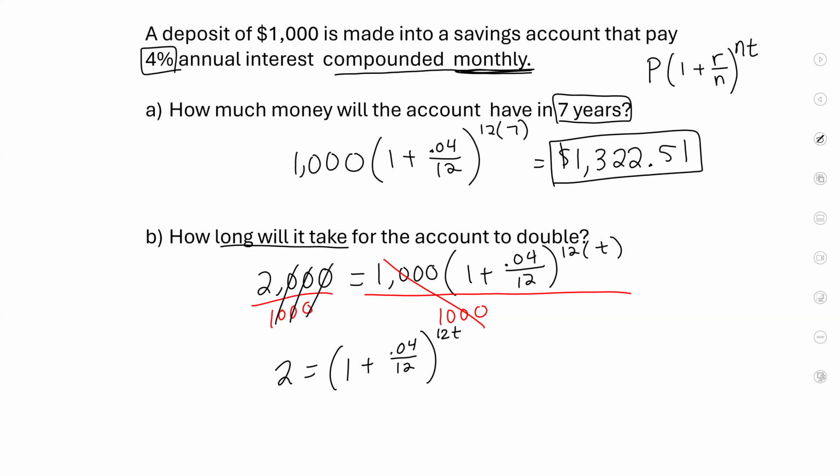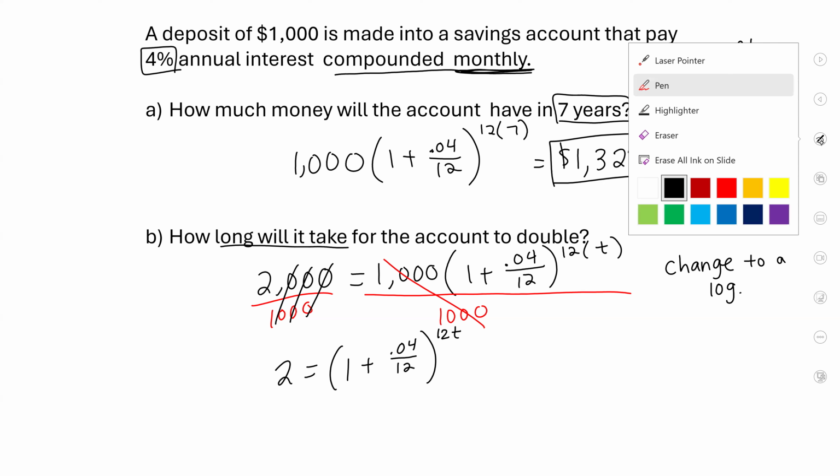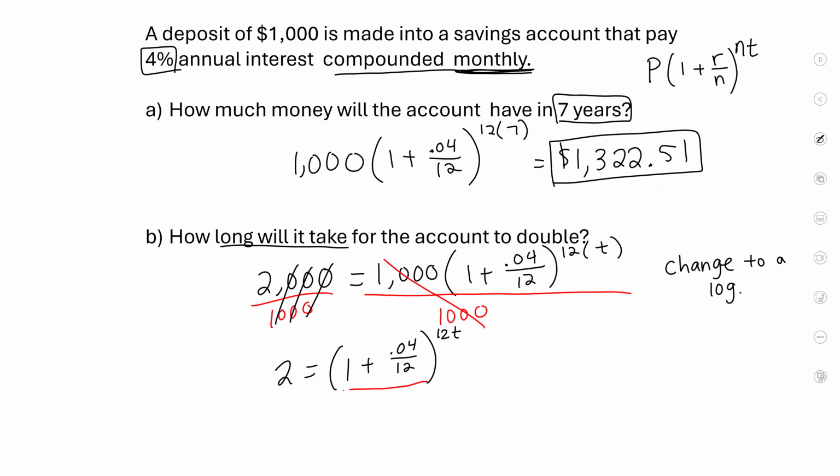We divided by 1,000. Now, after this step, guys, you are going to change to a logarithm. Change to a log. Look what I'm going to do. This is your base, correct? So this will be log. This thing is your base.